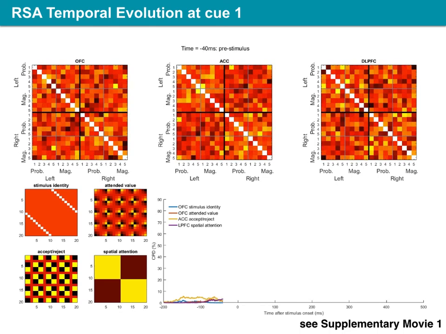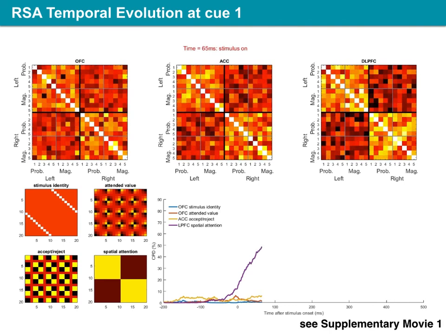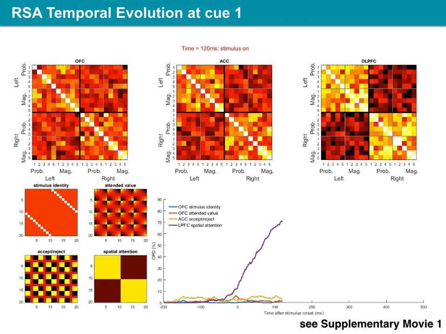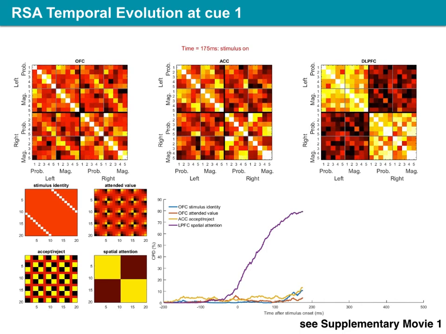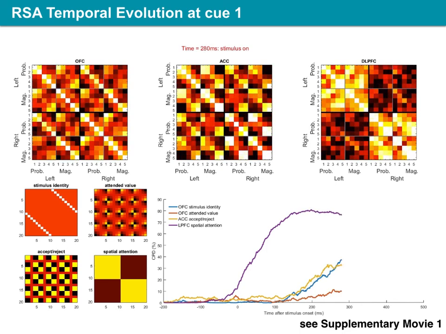So again, this now is the time when the saccade is being made, and you see DLPFC really carries that spatial attention code very early on. And now, about 300 milliseconds or so, the codes really emerge simultaneously across both OFC and ACC.